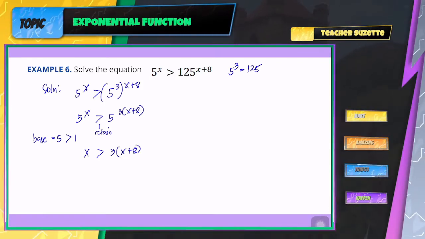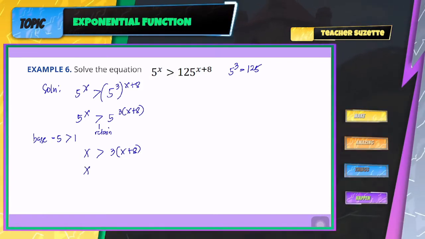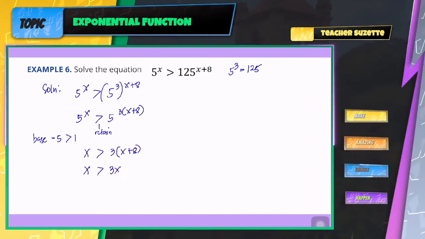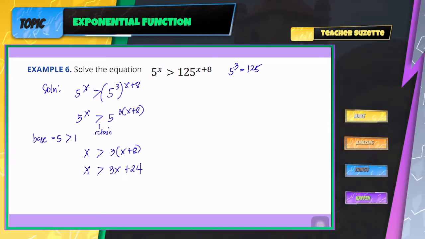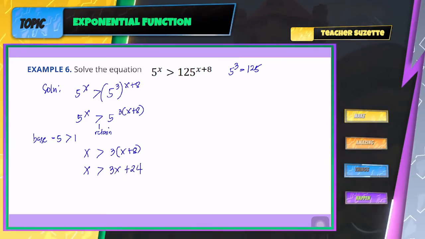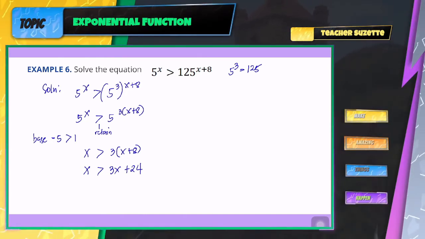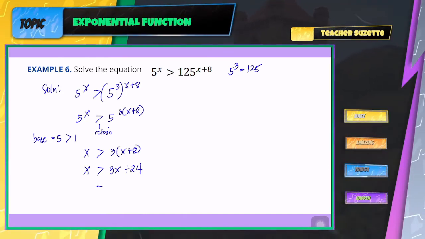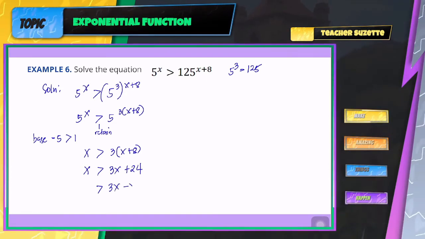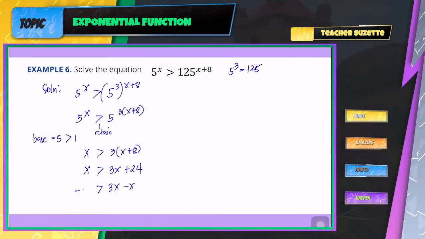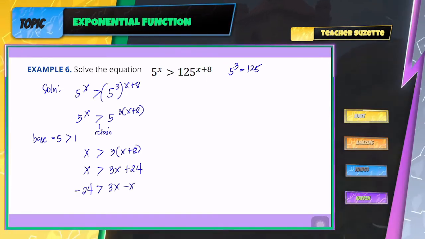Then, let's solve for x. So, x is greater than 3x plus 24. Then, isolate natin yung values ng x sa isang side. So, you will have 3x minus x, then minus or negative 24.